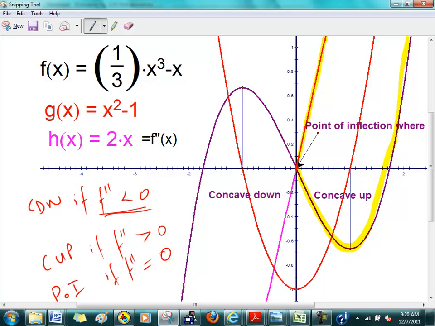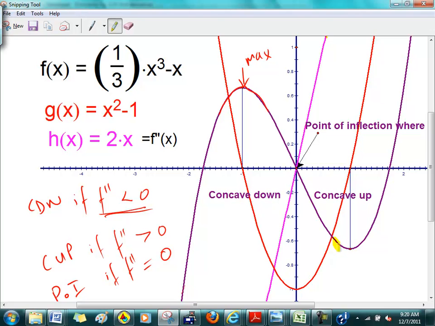So you can see where the second derivative is coming in now. And you guys know why this is coming in at the point at which it is, right? Because you can see that when it's concave down, this point here is a max.